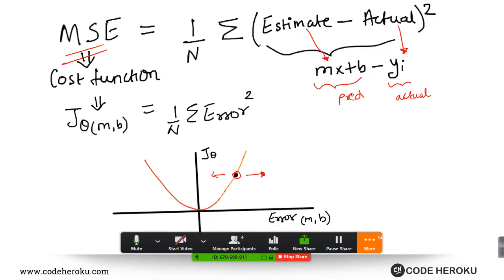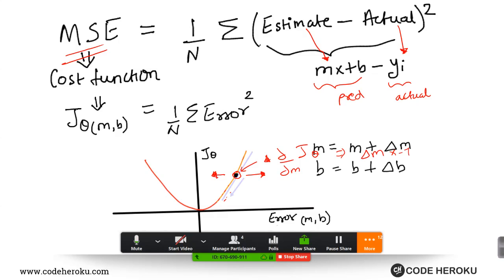Which direction do we need to move? We could do that by taking a derivative at that point. If I take the partial derivative of J theta with respect to m, I'll get delta m, and I need to move in the opposite direction of delta m. So I'll multiply that by -1.